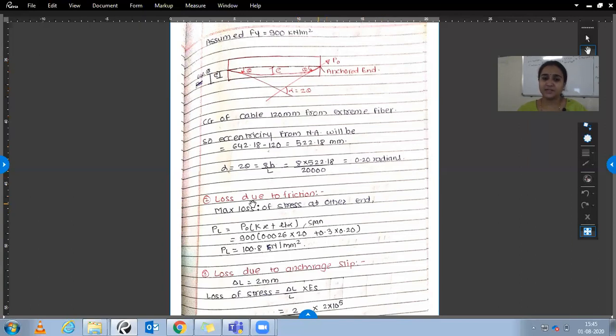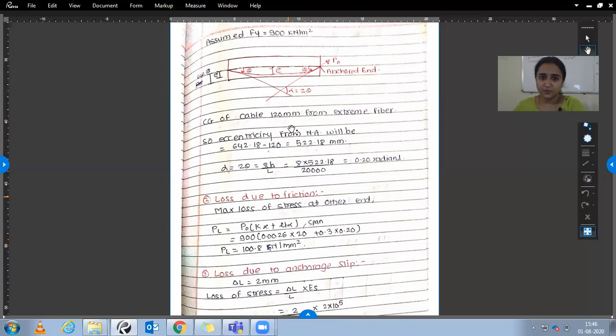So for my loss due to friction, the maximum loss of stress is at the other end. This is the anchored end and this is the other end. So here we'll get the maximum loss due to friction. At the other end we calculate the maximum loss as P0 in bracket Kx plus mu alpha.